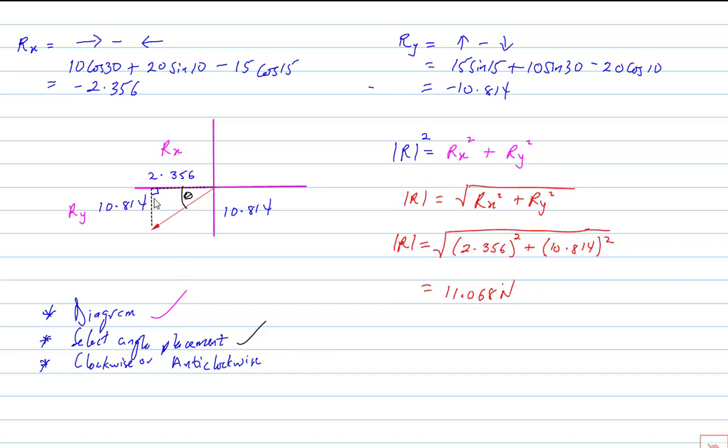Okay, so finding this angle, I can use tan theta. Tan theta is equal to opposite over adjacent. In this case, the opposite is 10.814 over the adjacent, which is 2.356. This is the area where you need to be very careful with the negatives. If your trig is not so strong, please, like I said, just drop the negatives. You still get the same answer.